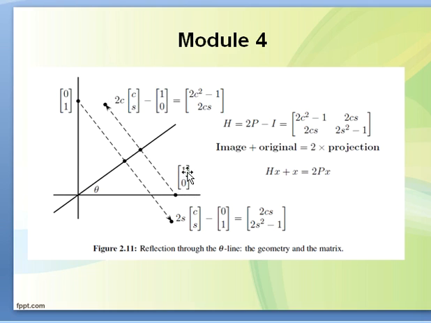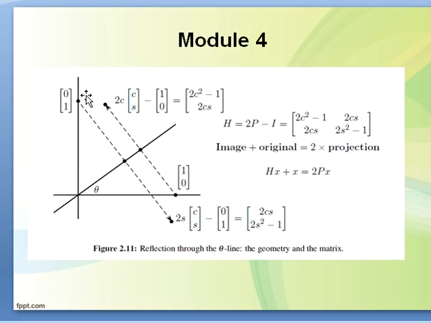Its values would be 2c multiplied with c s, we get 2c square and 2cs minus 1, and this is 0. So we get this vector.